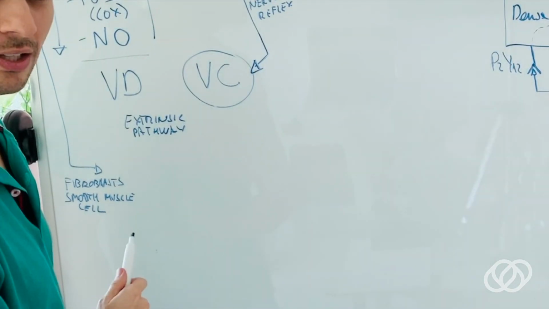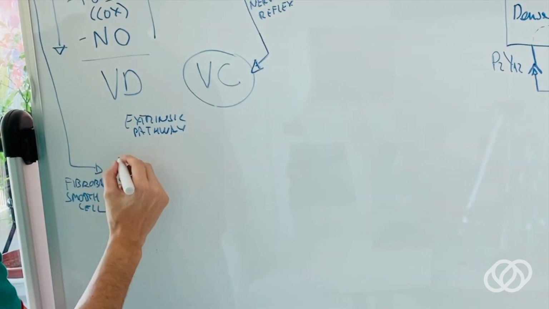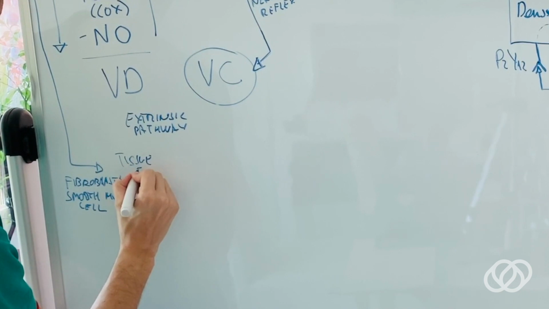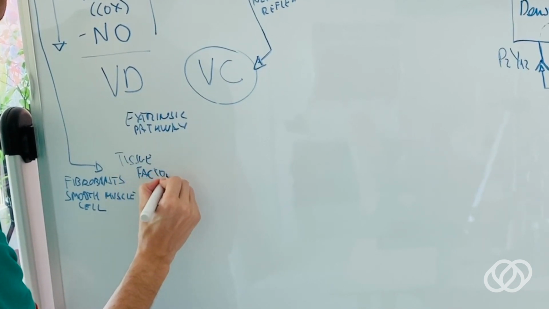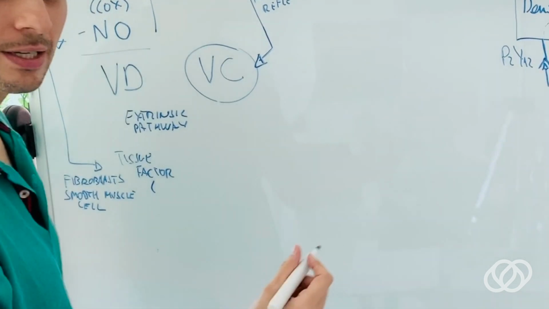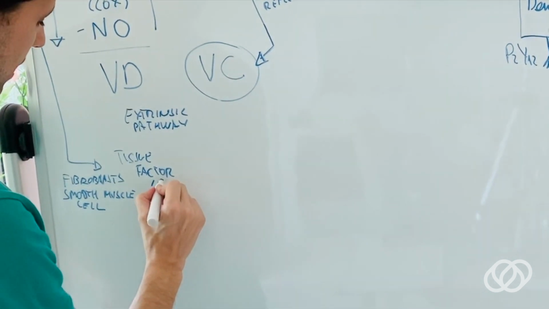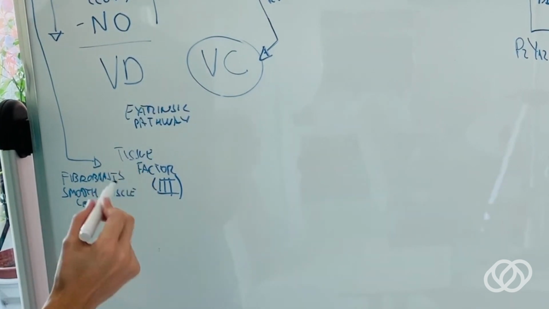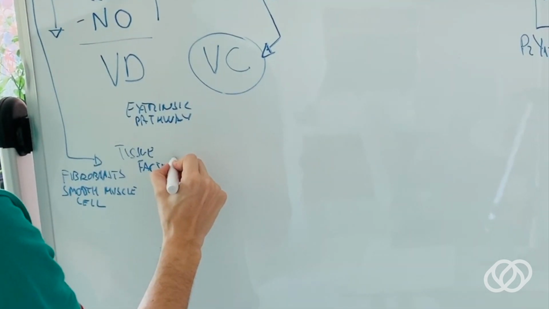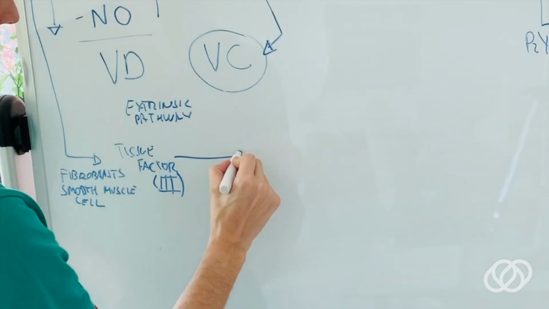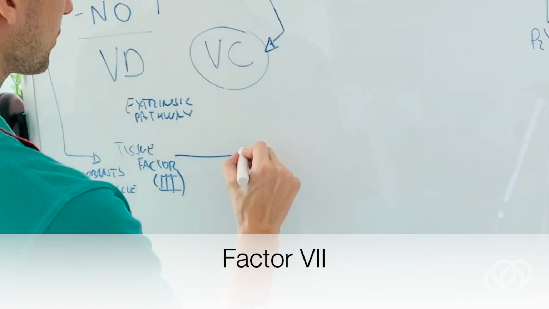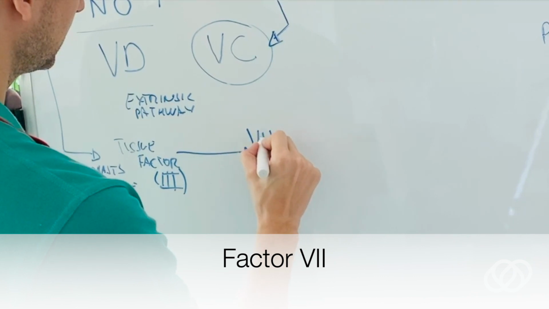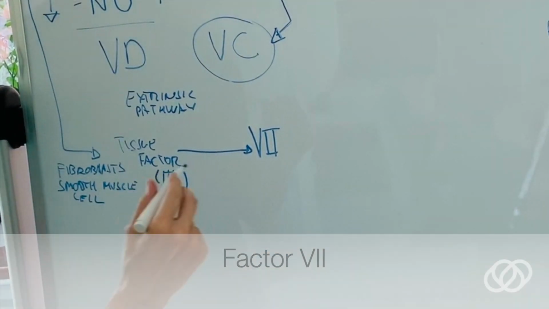Inside these cells we have the tissue factor. This tissue factor is coagulation factor number 3. When it gets in contact with another coagulation factor, number 7, it gets activated.